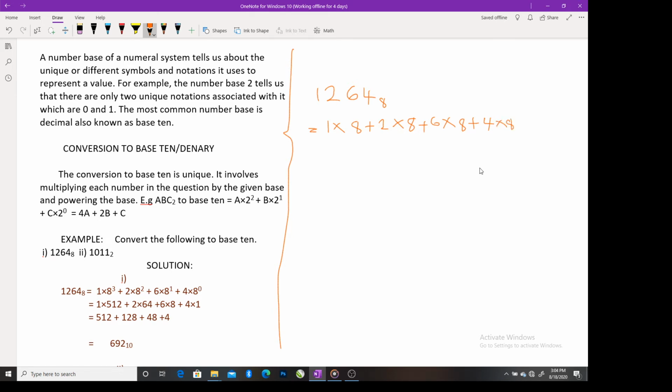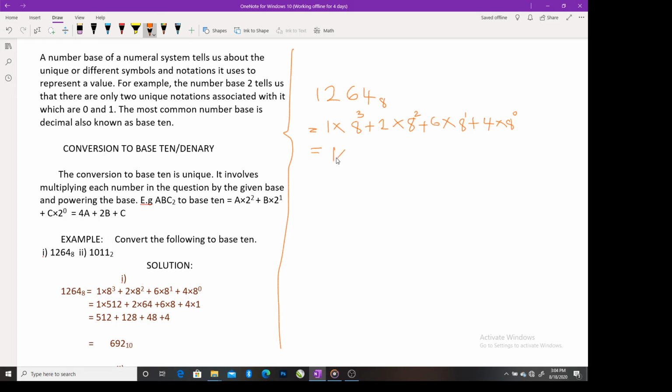What do you do next? Power the base from 0. First base 0, the next base 1, the next base 2, the next base 3. So what do you have? 1 times 8 raised to the power 3. 8 raised to the power 3 is 8 times 8 times 8, and that would give us 512.